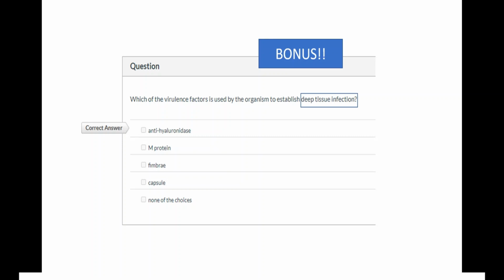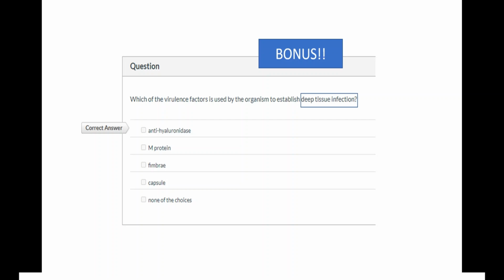Now, this question is a bonus question because the correct answer here should be hyaluronidase instead of anti-hyaluronidase. Hyaluronidase, because if you remember in your biochemistry, hyaluronidase is an enzyme, and the substrate of hyaluronidase is hyaluronic acid, which is found in our connective tissue. In the presence of hyaluronidase, it will break down the hyaluronic acid of our connective tissue, and that will allow the organism to establish a deep tissue infection.